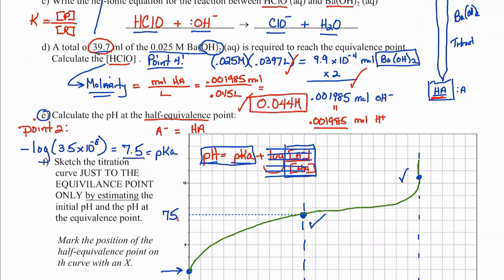And you should recognize that this reaction goes to completion at the equivalence point. At the equivalence point, we have what? We've annihilated all the acid in the beaker, and we added just enough OH minus. But we've made all of the acid become the conjugate base.